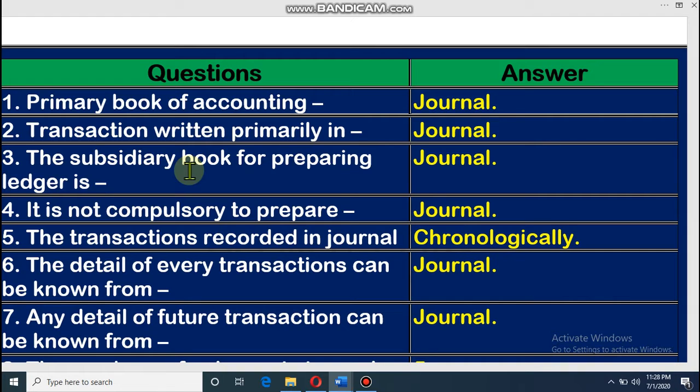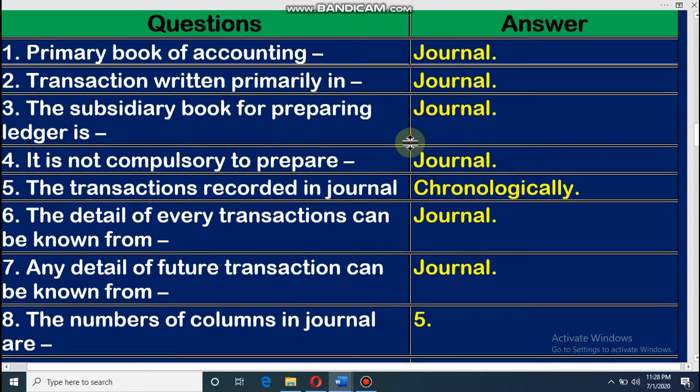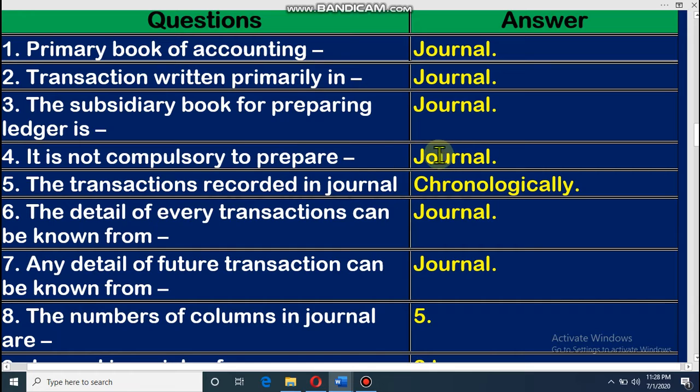So that is the permanent book. In the permanent book, we record with the help of journal. That means in ledger we record with the help of journal. It is not compulsory to prepare journal. We need to do ledger compulsorily. Journal is subsidiary for ledger. That means journal helps to prepare ledger.